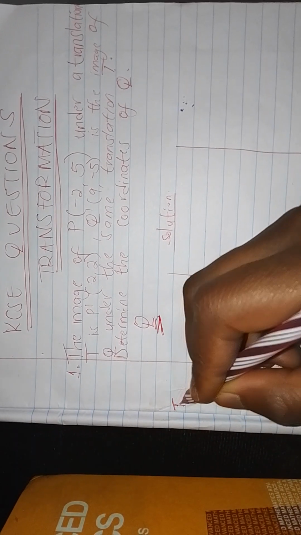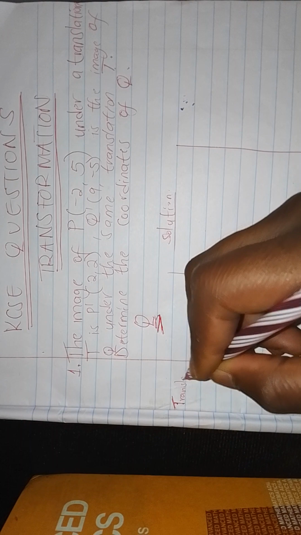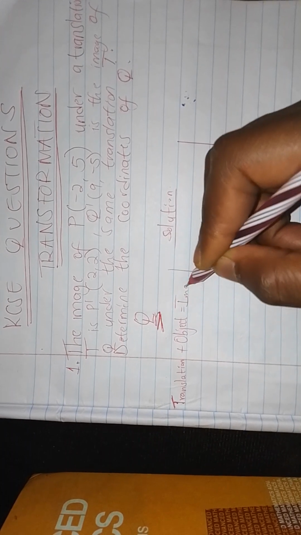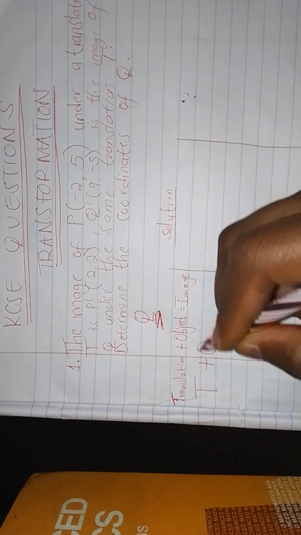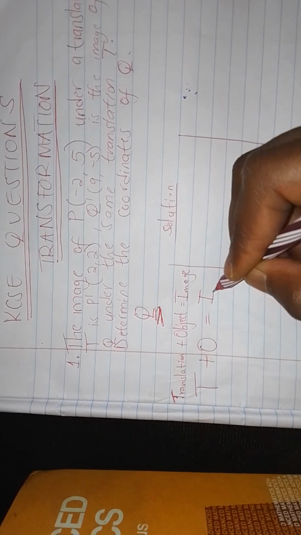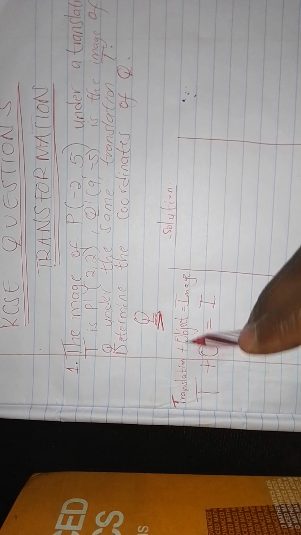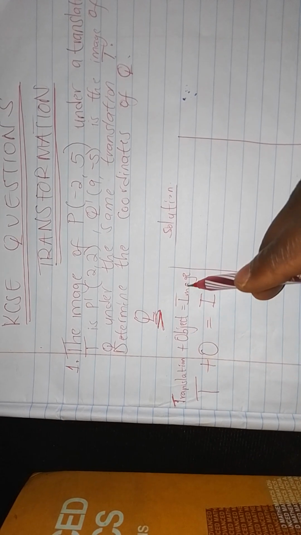Okay, let's start. The formula: translation plus object is equal to image. T plus O is equal to image I. This is the formula you should use in this question.